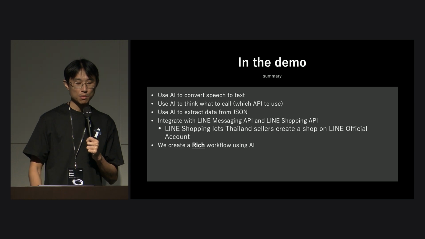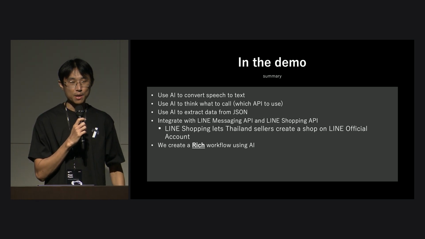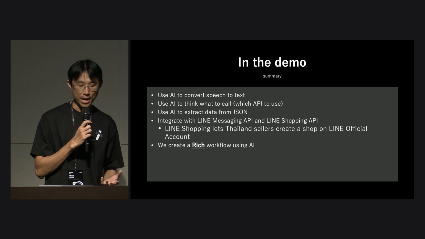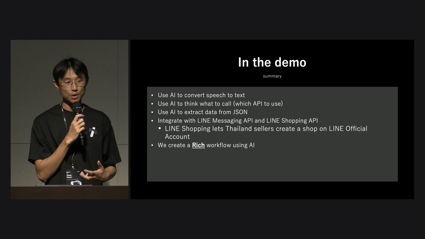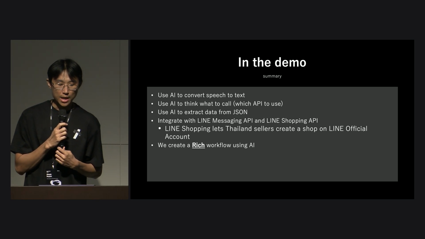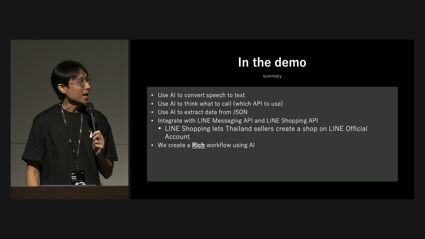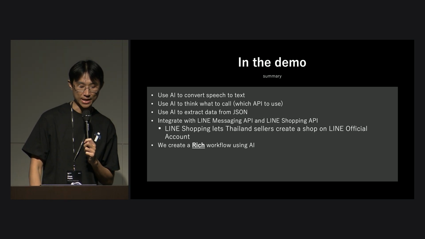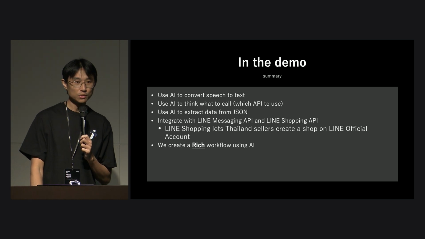Then, because we call the API behind the scenes, the API returns JSON format. I use AI to extract data from the JSON as well. After that, I integrated with the Line Messaging API and Line Shopping API to manage the inventory behind the scenes. So basically, we create a rich workflow using AI.